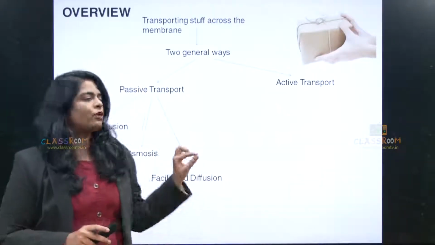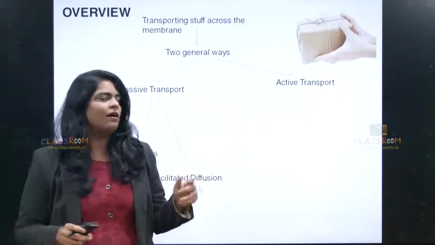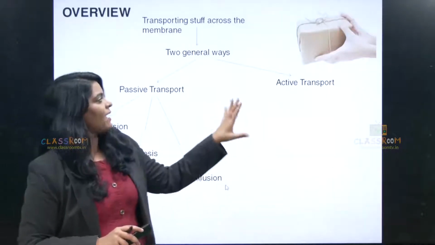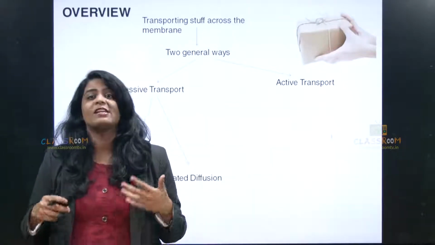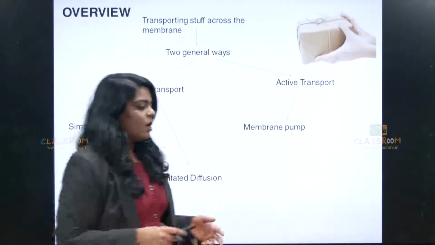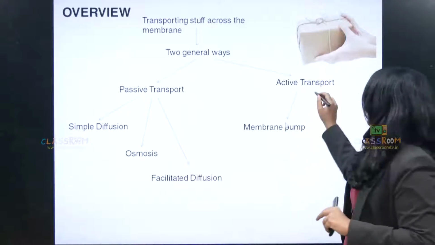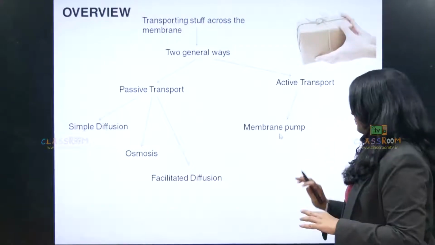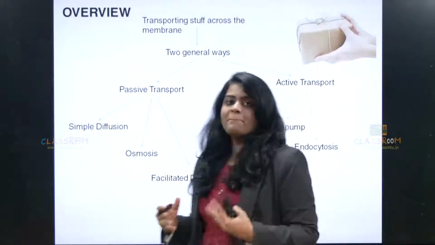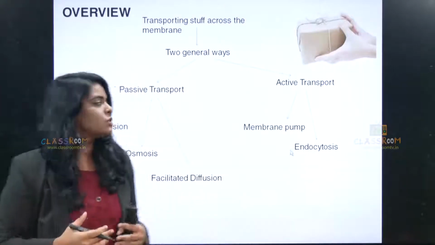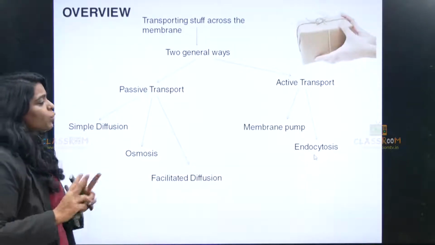Okay, we'll be talking about that in detail later, but for now remember that active transport always requires energy, right? Why? Because it needs to push, so therefore it requires more energy and it acts like a membrane pump. Okay, so there are also two kinds in it.